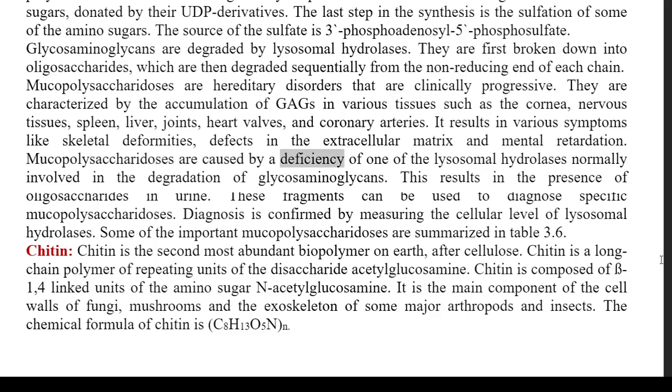Mucopolysaccharidoses are caused by a deficiency of one of the lysosomal hydrolases normally involved in the degradation of glycosaminoglycans. This results in the presence of oligosaccharides in urine. These fragments can be used to diagnose specific mucopolysaccharidoses. Diagnosis is confirmed by measuring the cellular level of lysosomal hydrolases. Some of the important mucopolysaccharidoses are summarized in Table 3.6.